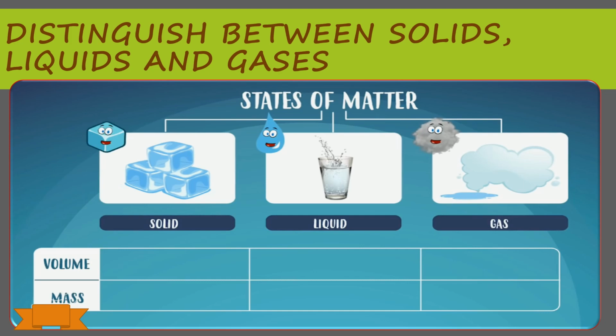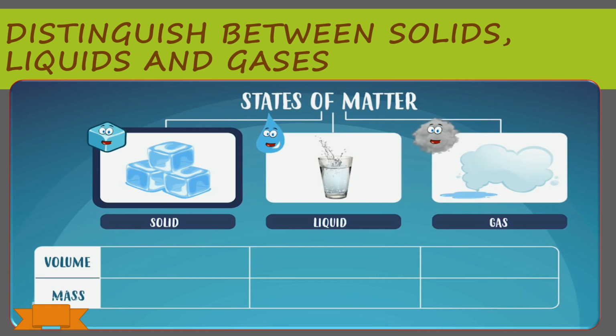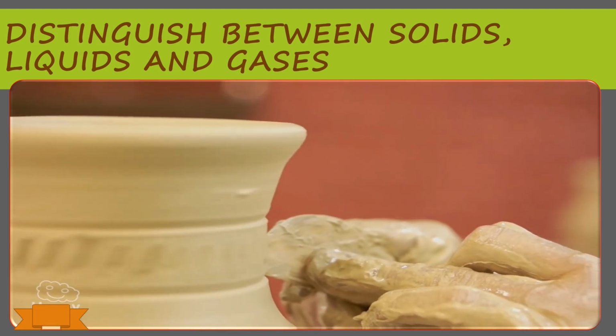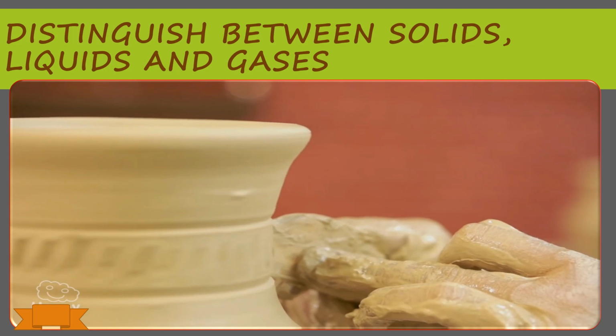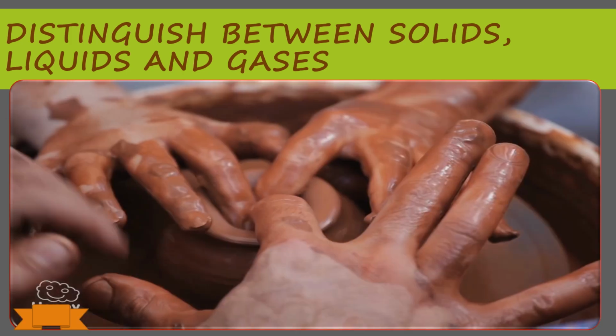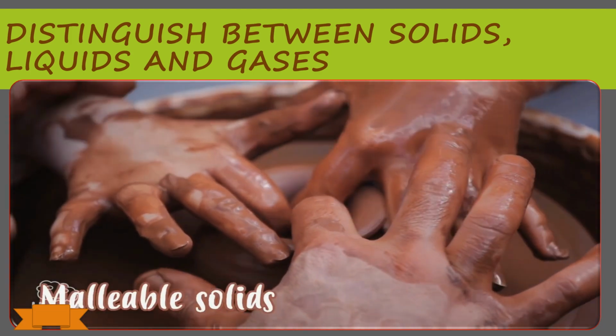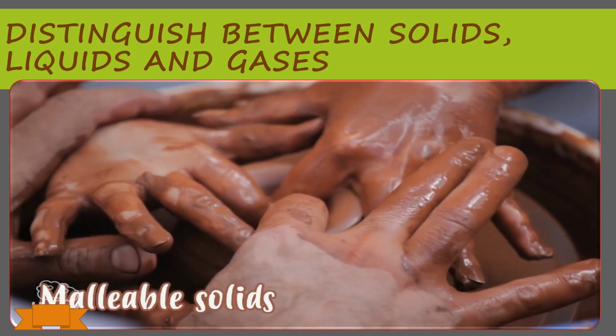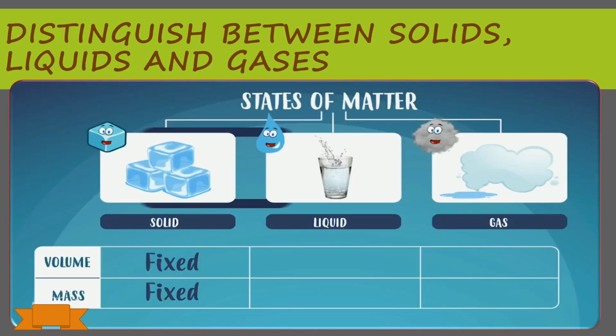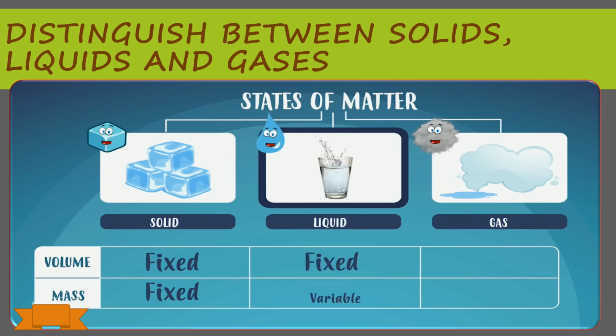Distinguish between solids, liquids, and gases. Solid state is characterized by having a fixed volume and fixed size, although in some cases we can change the size, like with clay. In these cases they are malleable solids. Liquid state is characterized by having fixed volume and variable size.